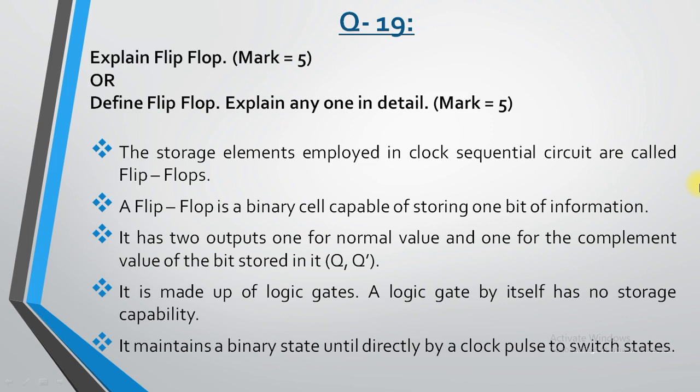Now see, it is made of different types of logic gates, but logic gates do not have the capability to store data. So for such a purpose we have flip-flop. Now if you want to change the binary state of data, at that time you need to use a clock pulse.